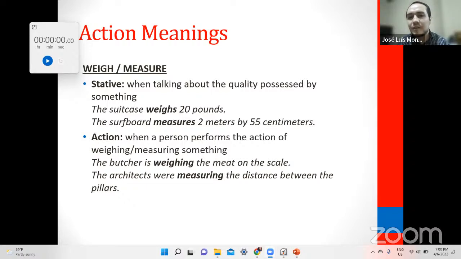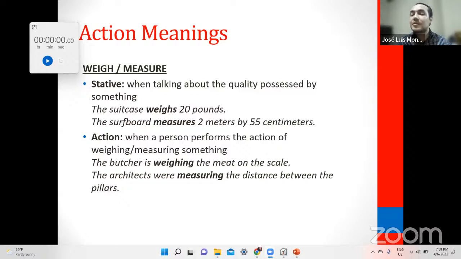That's incorrect. Or the surfboard is measuring 2 meters and blah, blah, blah, incorrect, right? Because it's the property of those objects. The objects don't perform actions, right? They only have qualities. So weighs and measures, or weighed and measured. Okay, it can be in past, but simple past.